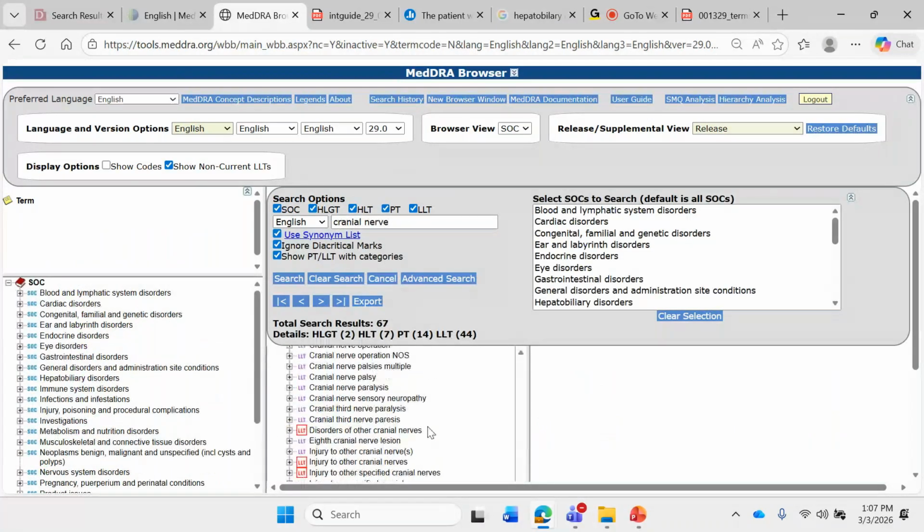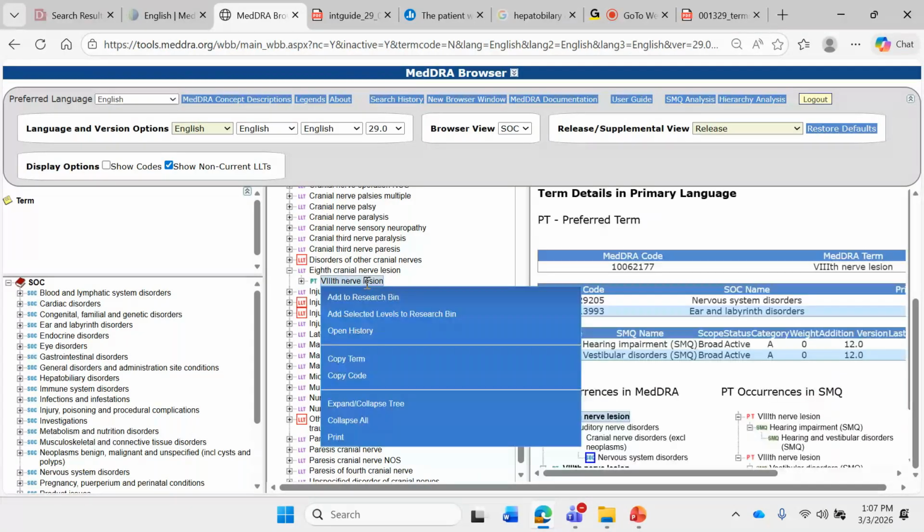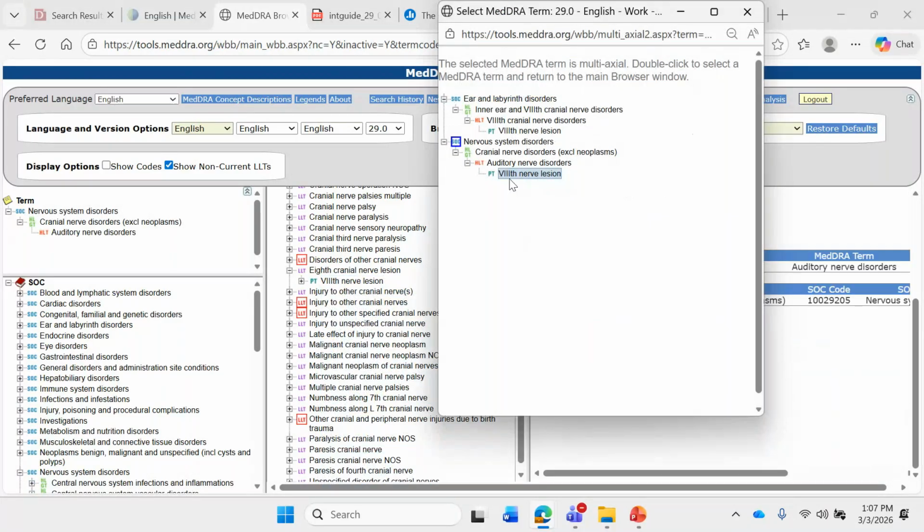I typically think, okay, so 8th cranial nerve lesion. So see, the PT for 8th cranial nerve lesion is the number, the Roman numeral, nerve lesion. Let me look up 8th nerve. One second. Where did it go? There it is.